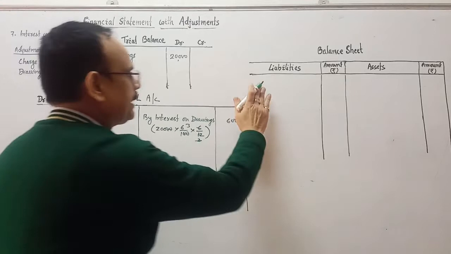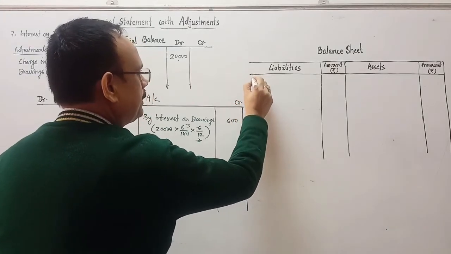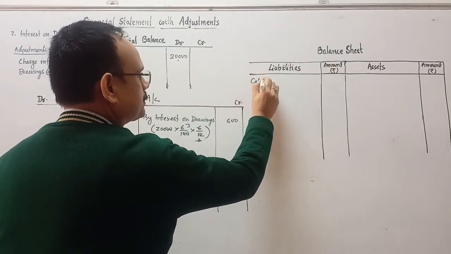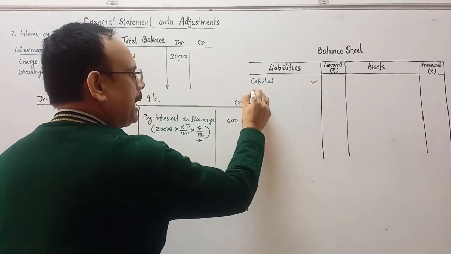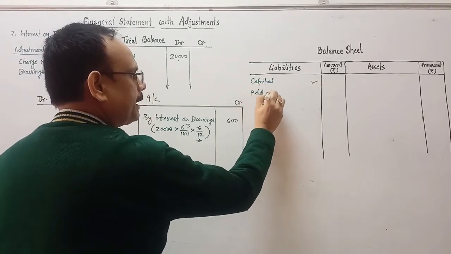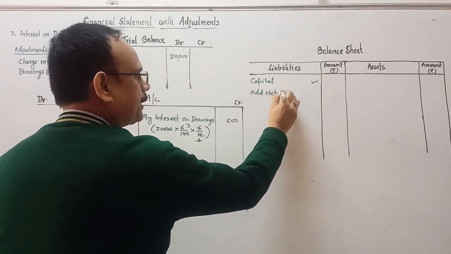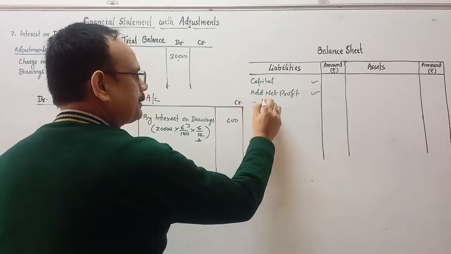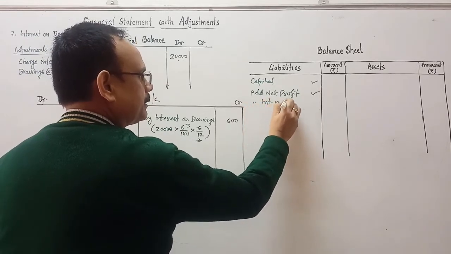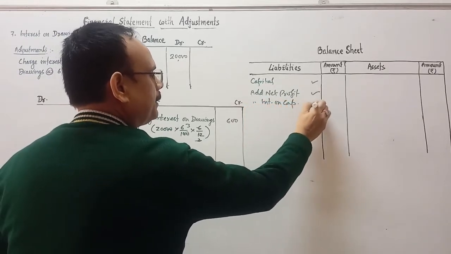And in the balance sheet, on the liability side, you write the capital first, which is given in the trial balance. You add net profit if any, and you add the interest on capital if any.